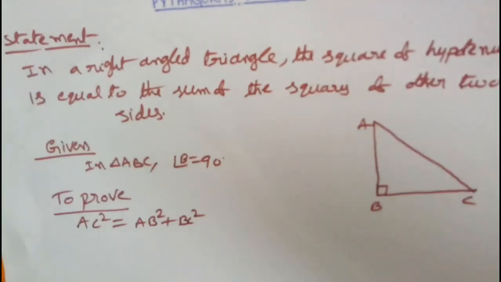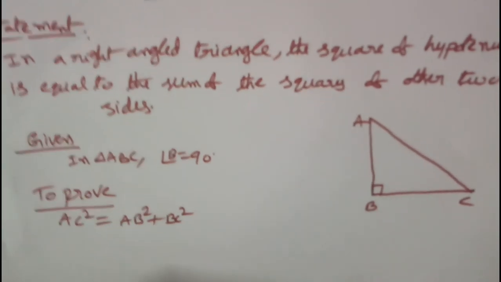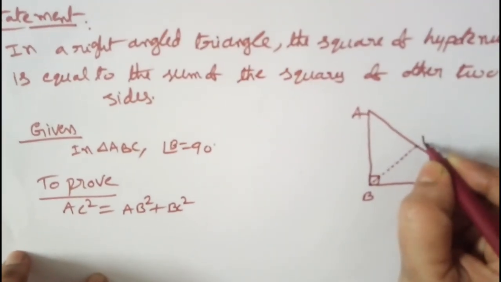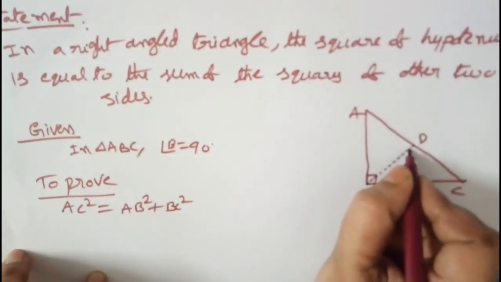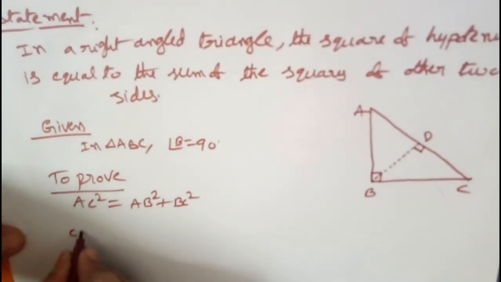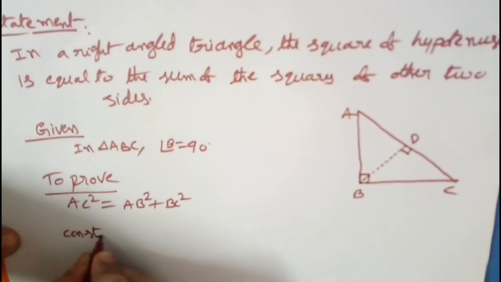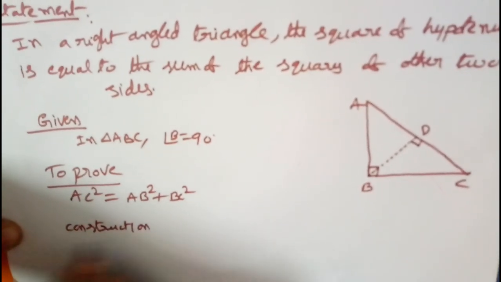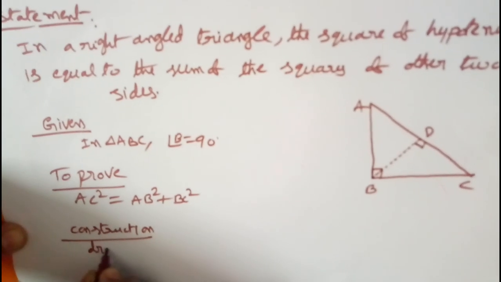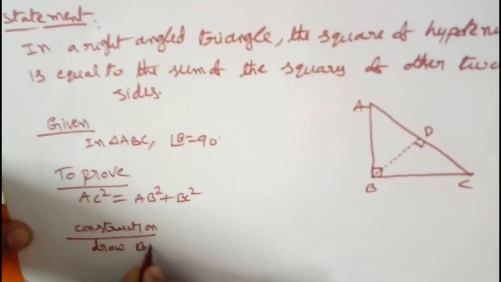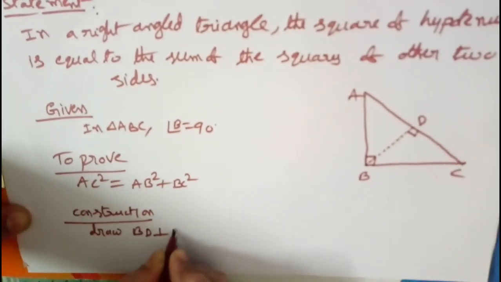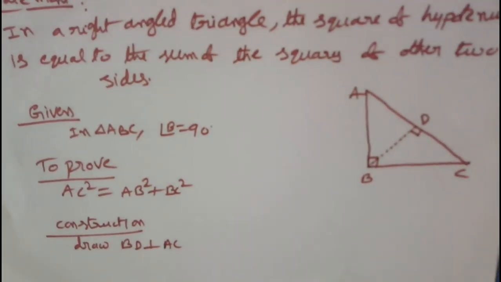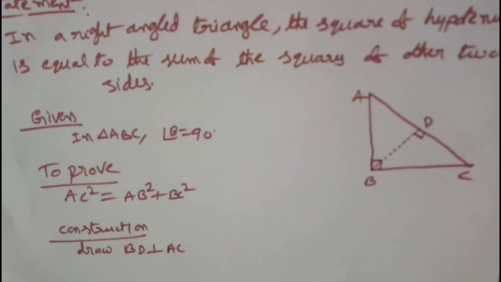Here we need to do one construction. That construction is: draw BD perpendicular to AC. Now we are going to prove this theorem by the similarity concept.